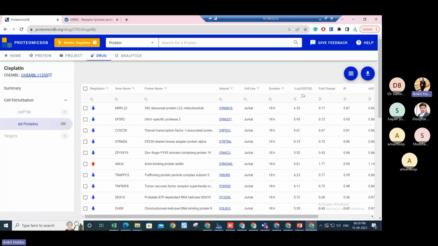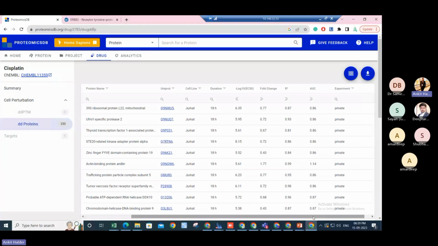They are trying to give you a whole map and understanding of all those things which have been reported for a particular drug, so that when you are trying to choose the drug, you know what the effect is and how it is being affected.